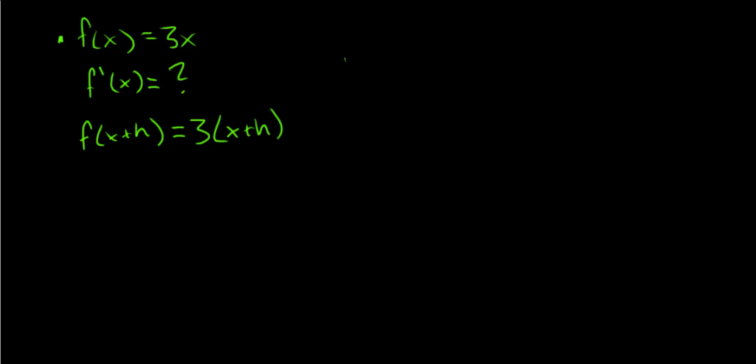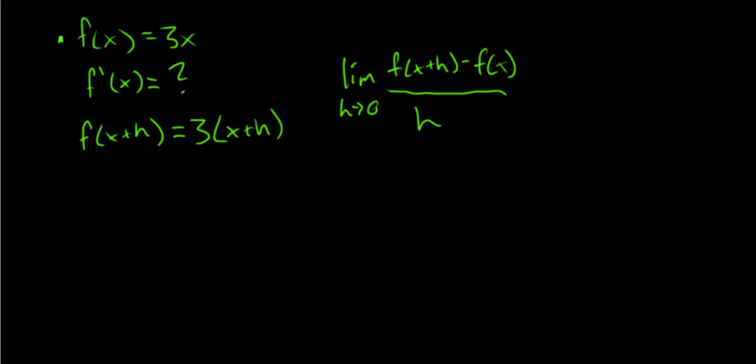So we have the limit as h approaches 0 of f of x plus h minus f of x, that's an h, minus f of x all over h. Now let's substitute what we know for f of x plus h, f of x, and h.